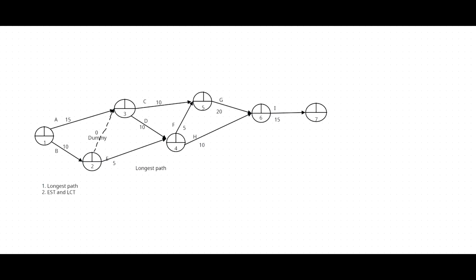If you consider the longest path, we need to find the alternative paths from event number 1 to event number 7.